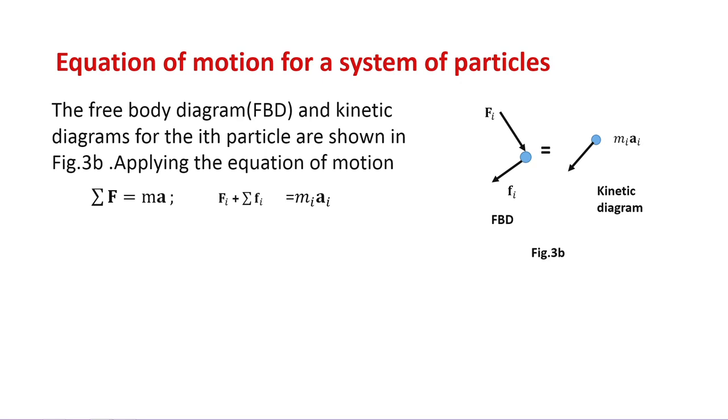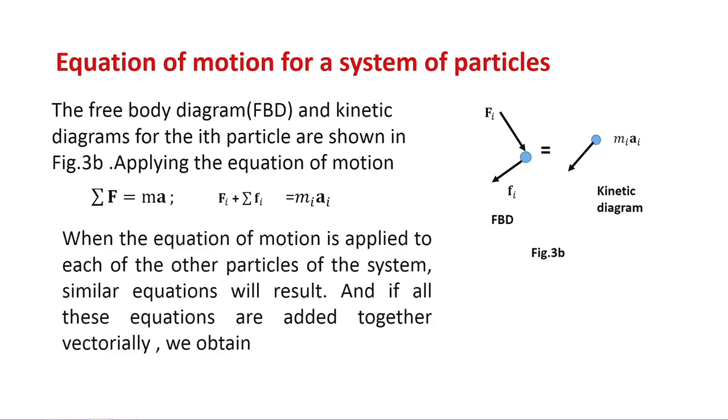is equal to mi ai. When the equation of motion is applied to each of the other particles of the system, similar equations result, and if all these equations are added together vectorially, we obtain summation of Fi plus summation of small fi is equal to summation of mi ai.